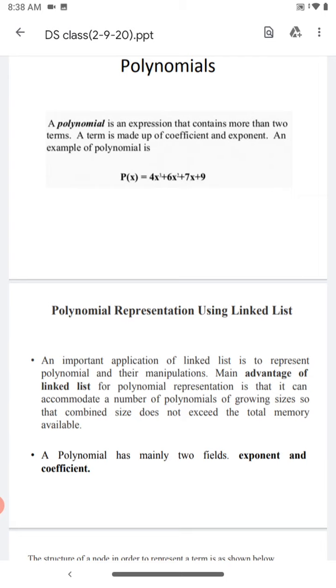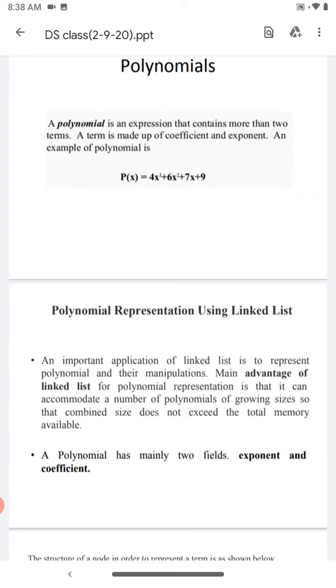For the second term, 6x squared, the coefficient is 6 and the exponent is 2. For the third term, 7x, that is equal to 7x power 1, so the coefficient is 7 and the exponent is 1. Then the last term, only 9.